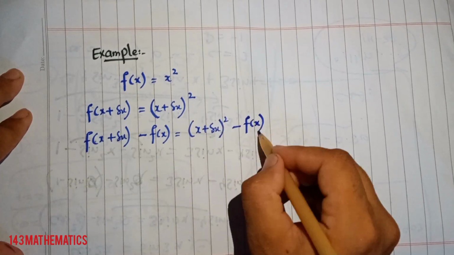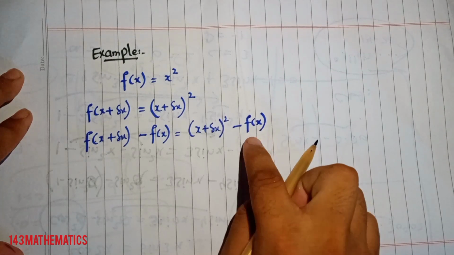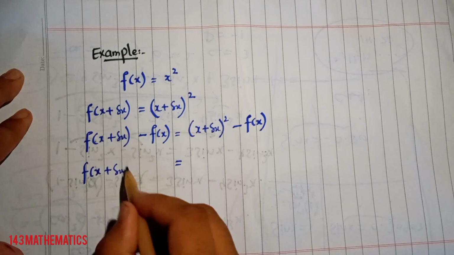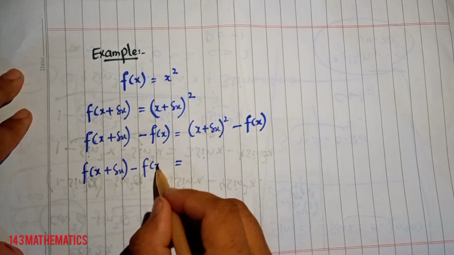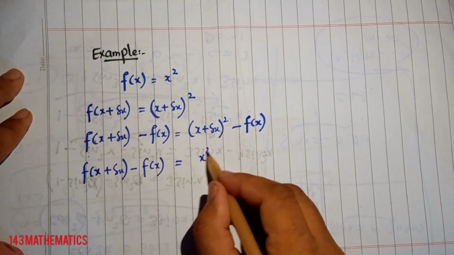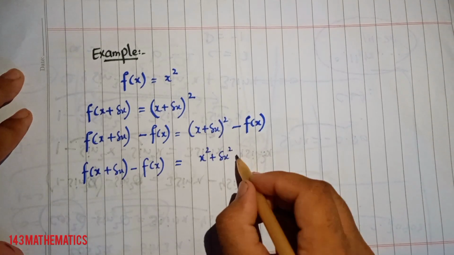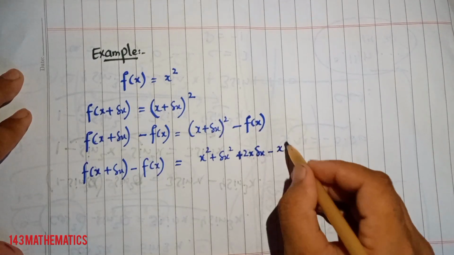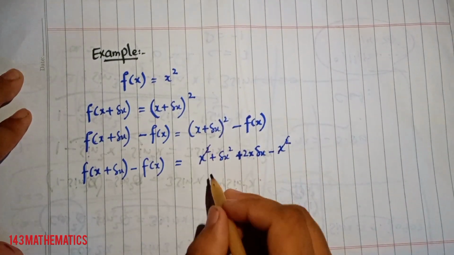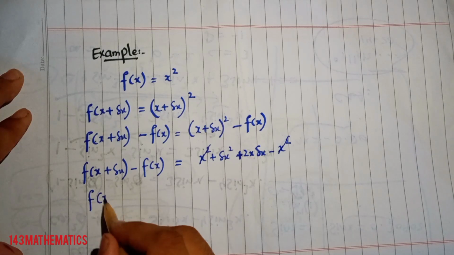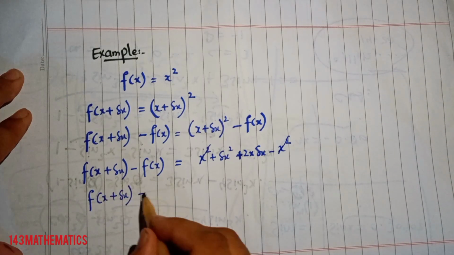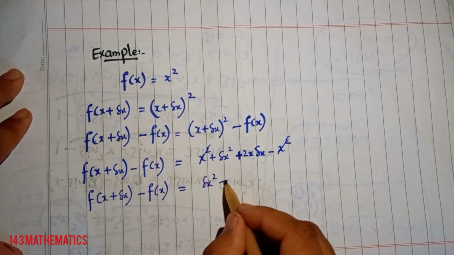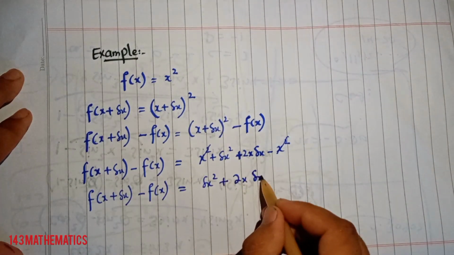So on the right side, if we write the value of f of x, this will become f of x plus delta x minus f of x will be equal to x square plus del x square plus 2x del x minus f of x, where f of x is equal to x square. So x square will be cancelled out with x square. So this will be f of x plus del x minus f of x is equal to del x square plus 2x del x.